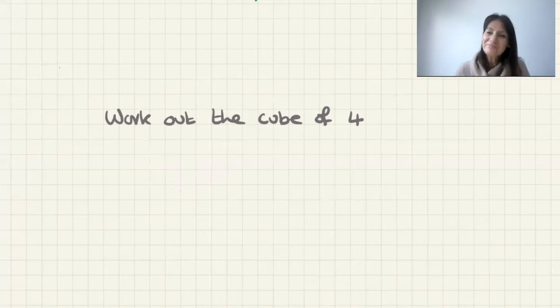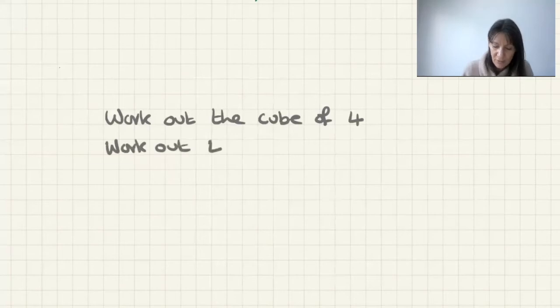Okay, so sometimes they will try and write a sentence that makes it harder to see what to do. If I had said, work out 4 cubed, that would be more familiar. They both mean the exact same thing. And that's something that we need to get used to and not be put off by.